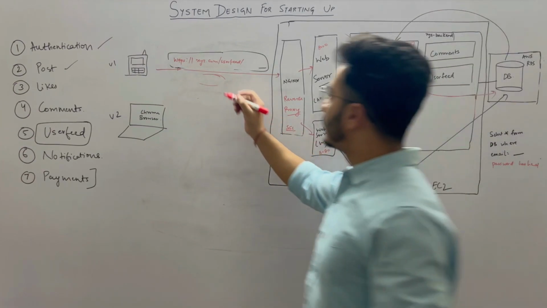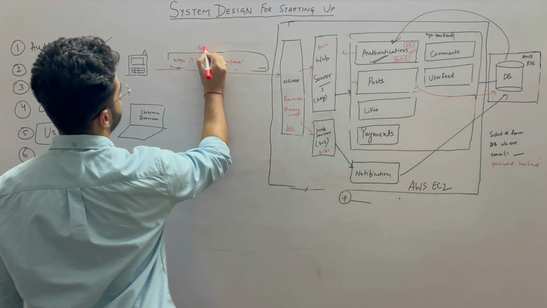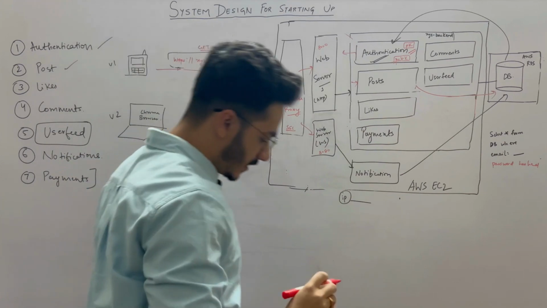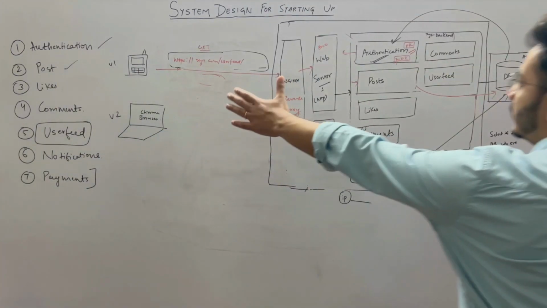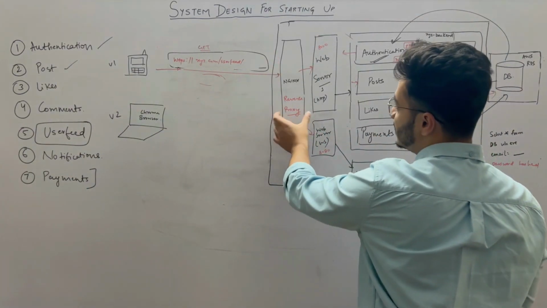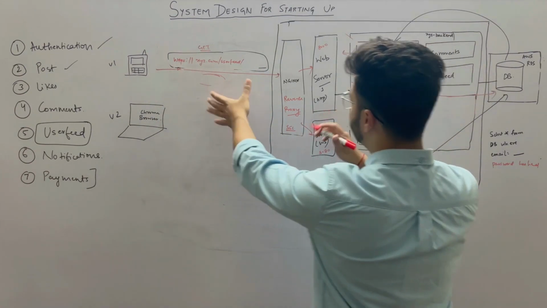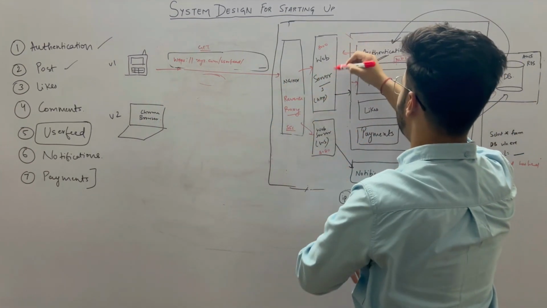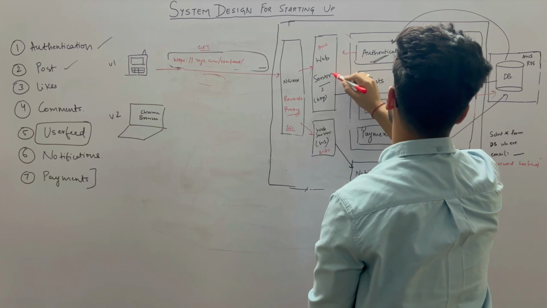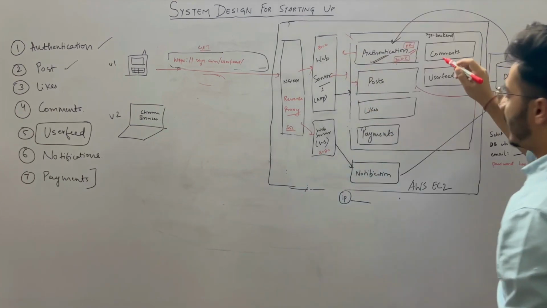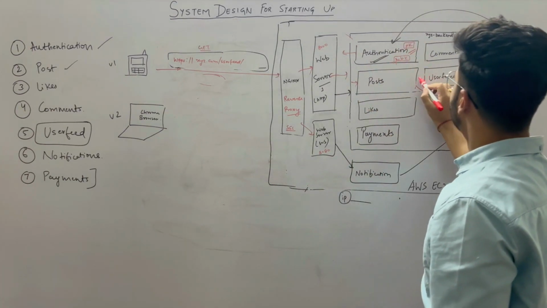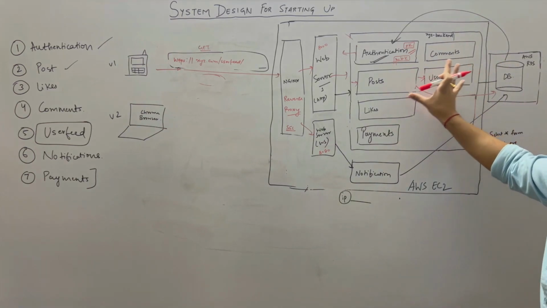It will be a GET request. So now it will go to Nginx. It will see that it's HTTPS, and route the traffic to web server 1, and web server 1 will forward this to the code base, and the code base will automatically see that it's the responsibility of the Userfeed module.